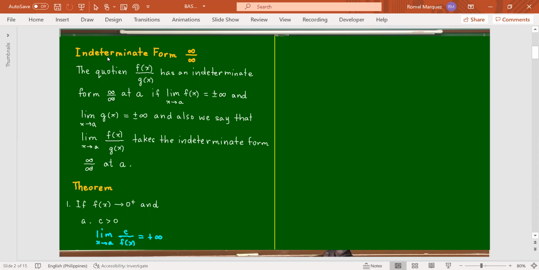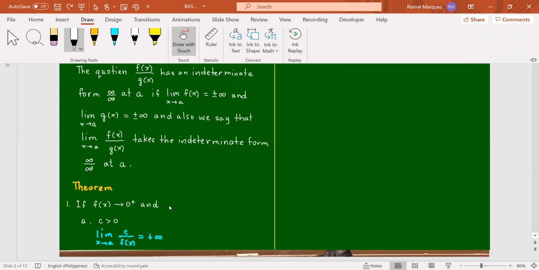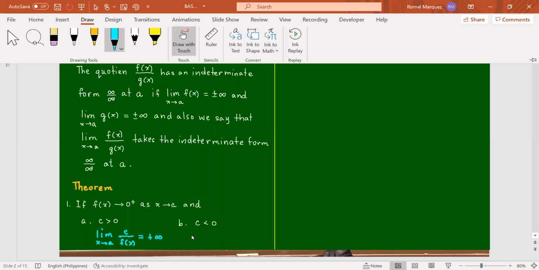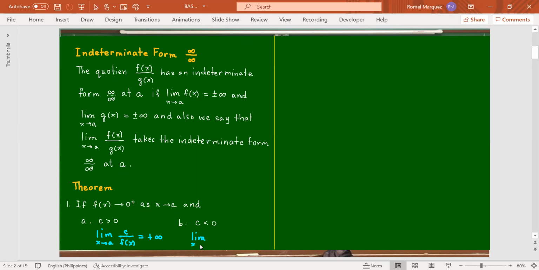So, let's put here as x approaches A. And letter B, if C is negative, that is a constant that is negative, then this limit as x approaches A of C over f of x is equal to negative infinity.